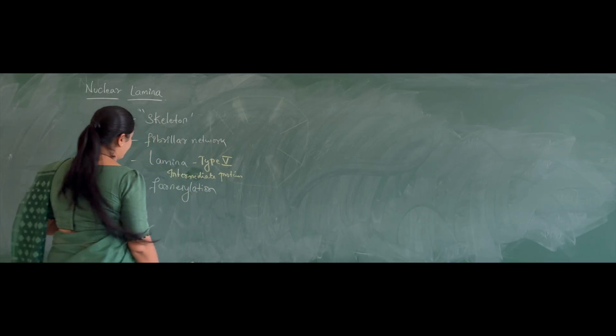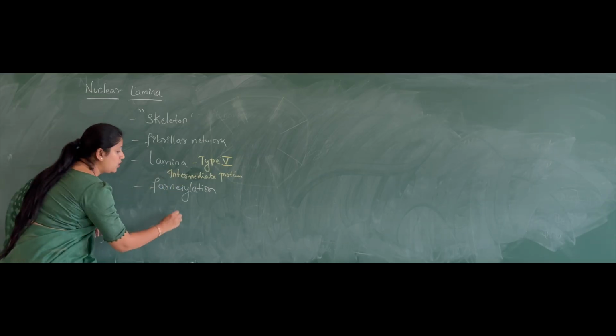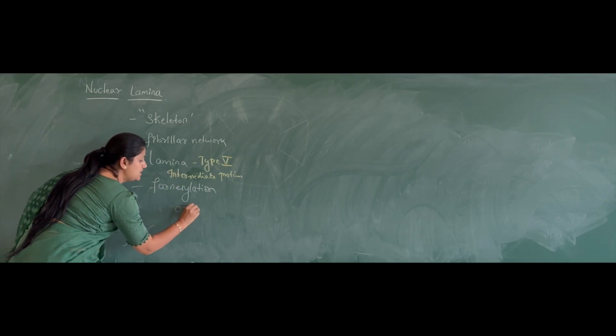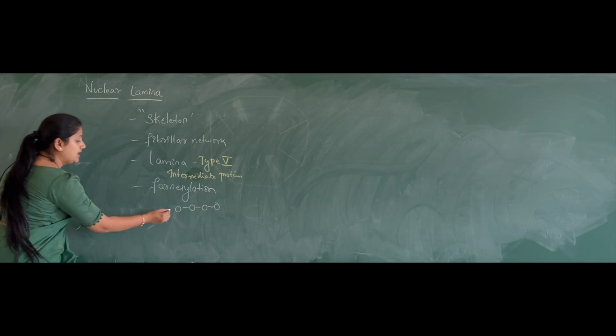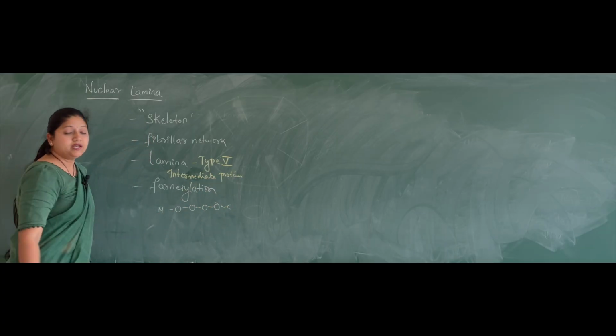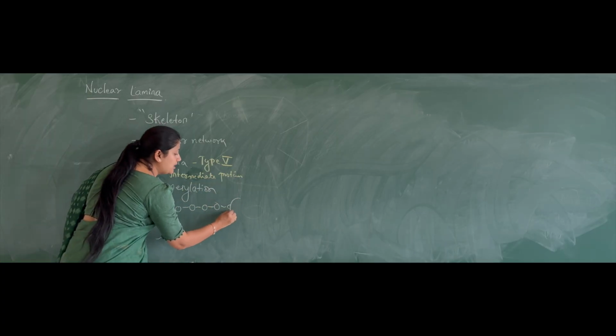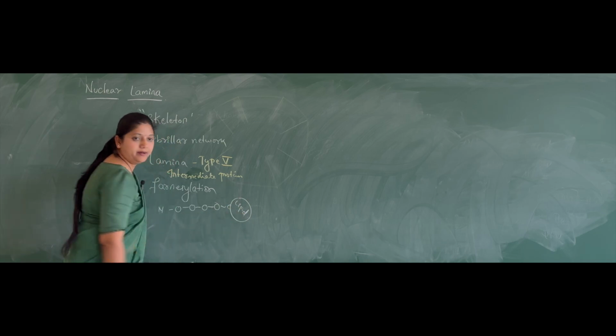Farnesylation means, I'll show it here. Lamina is a protein. So what is the structure of a protein? Let me speak about the primary structure. It has an N terminal and a C terminal. Now, to this C terminal there will be an addition of a lipid.